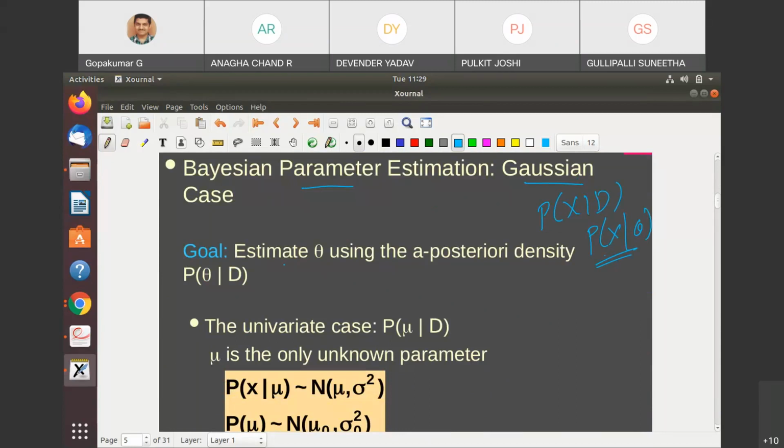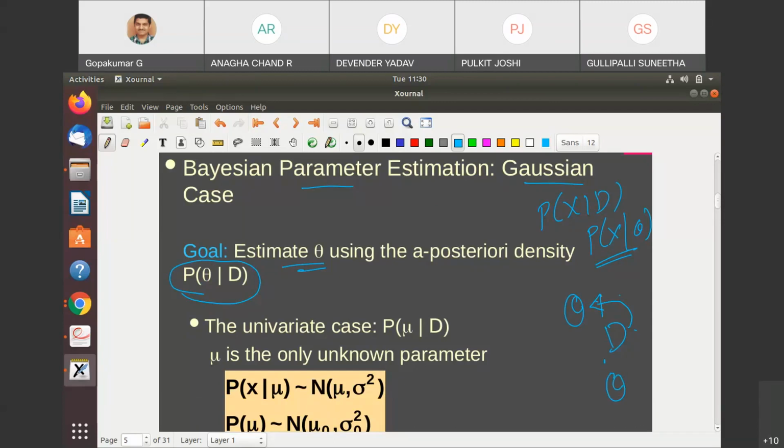Then we have to estimate theta using the posterior probability of theta given D. Our ultimate goal is to find theta, and we are given a training data set D. Using this data set, we find the probability for what theta is.